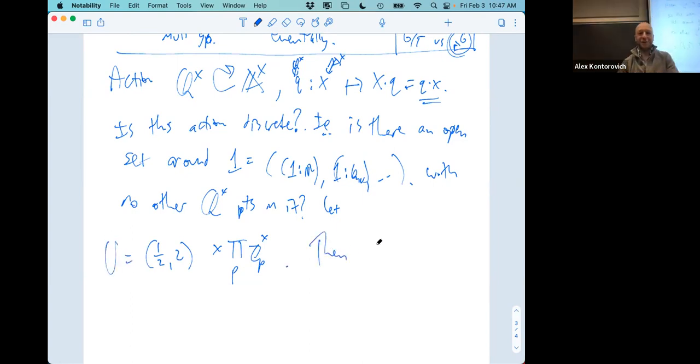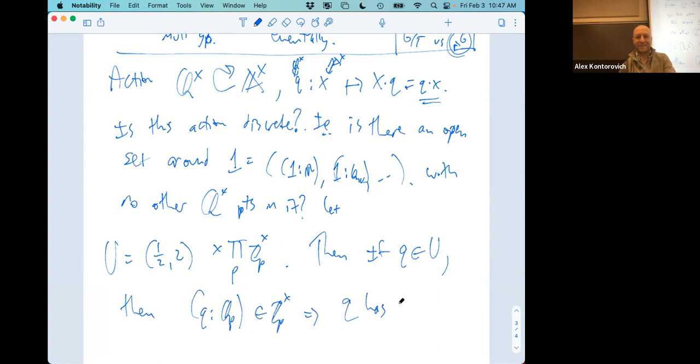Then as Joy said, if q is in U, then q is in Zp cross for every p, so it has no numerators or denominators. Can't you take all of R cross in the first slot?